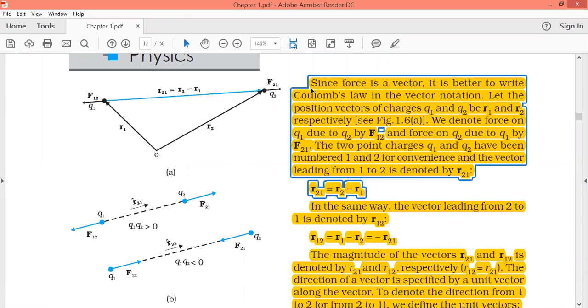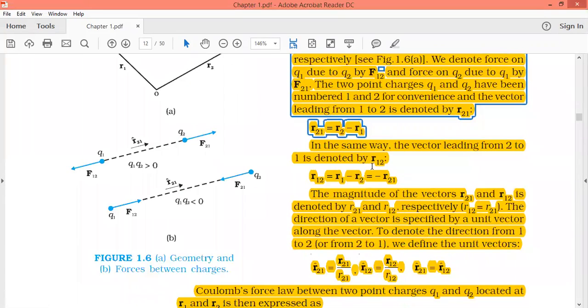See here, in this second figure, R21 is from 1 to 2 and R12 is from 2 to 1. The distance between these two will be the same, but the direction will be different. R21 has this direction, and R12 will have the opposite direction. So R12 will be equal to minus R21.